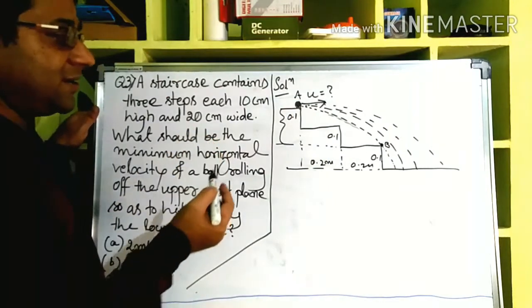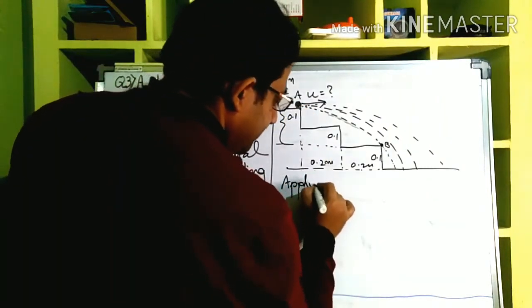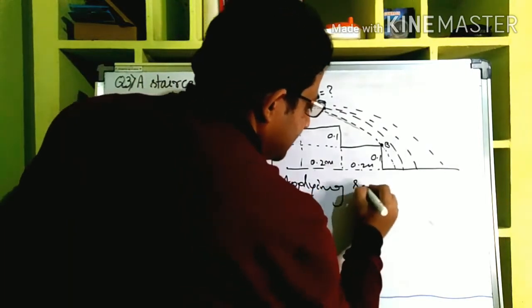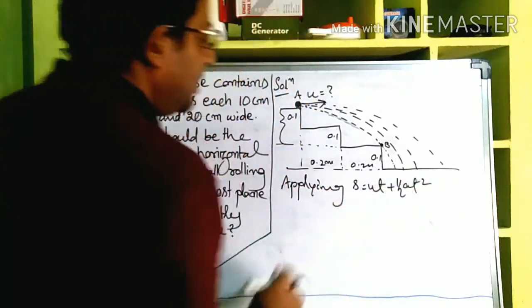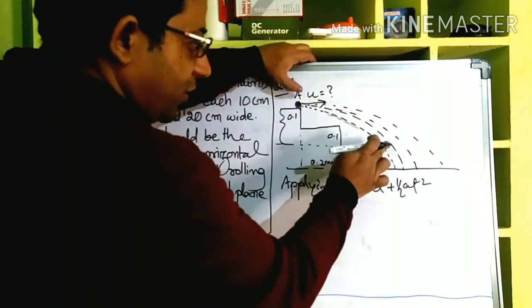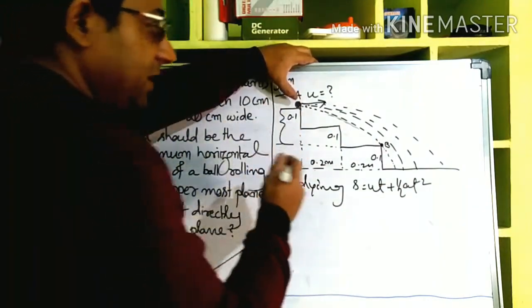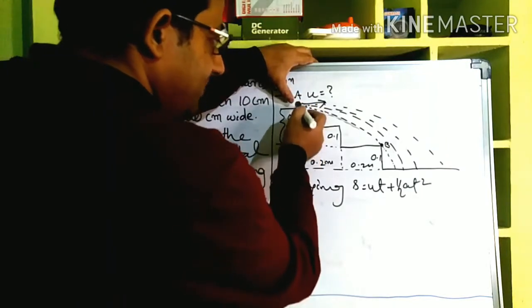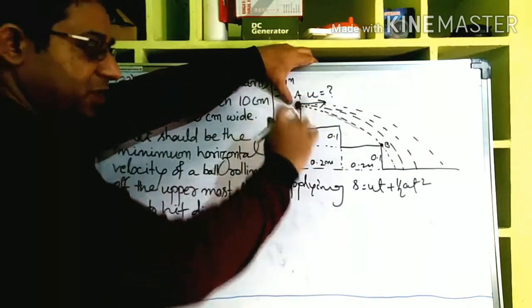Let us calculate by applying S is equal to ut plus half at square, for the vertical motion from A to B. Only the vertical component, the vertical motion during that period, we are calculating. So S, the vertical distance traveled, is nothing but the height, 0.1 plus 0.1, 0.2.